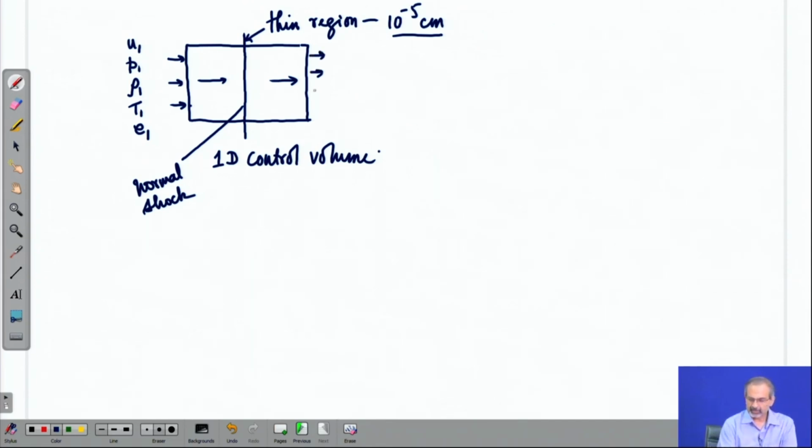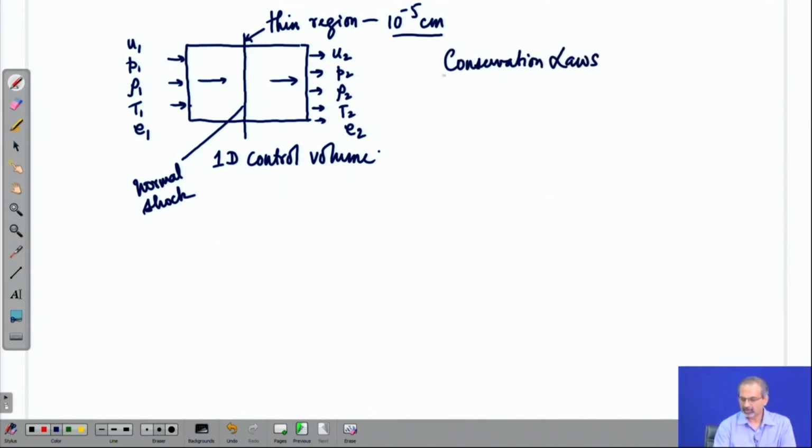And then after the flow crosses the normal shock, let us define the properties like this. And let us try to figure out, by applying the conservation laws, how we can connect these sets of properties across the control volume.